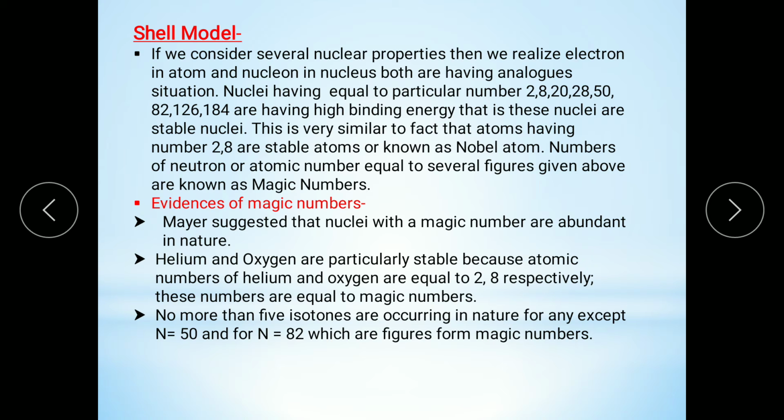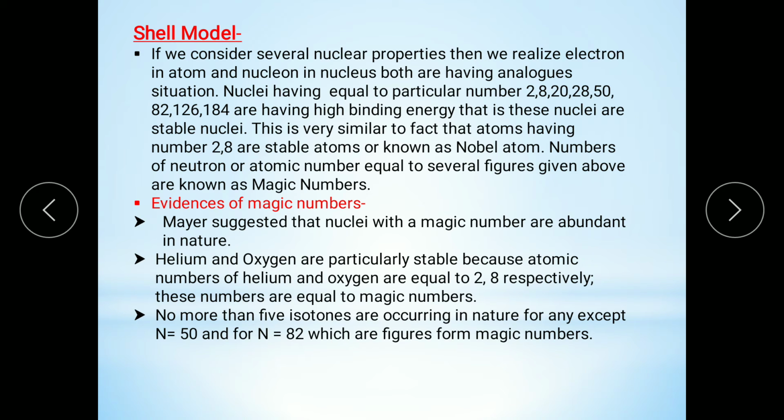These numbers are equal to magic numbers. As we learned earlier, helium has Z equal to 2 and oxygen has Z equal to 8; these are magic numbers. That's why helium and oxygen are highly stable.